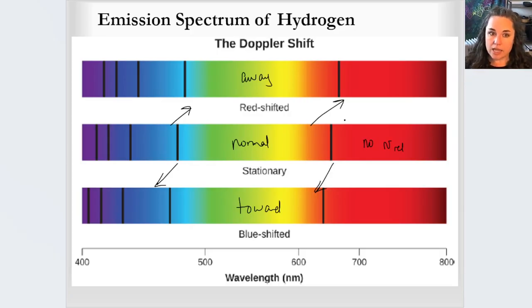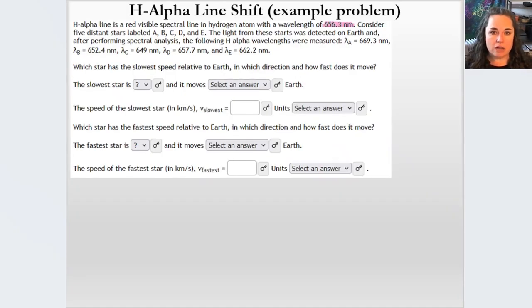We can look at this line and measure that red emission line coming from stars, and determine whether that star is moving towards us or away from us and at what speed. Because if we measure that wavelength, we can compare it to what we already know about the emitted wavelength. Okay, so H alpha line shift.